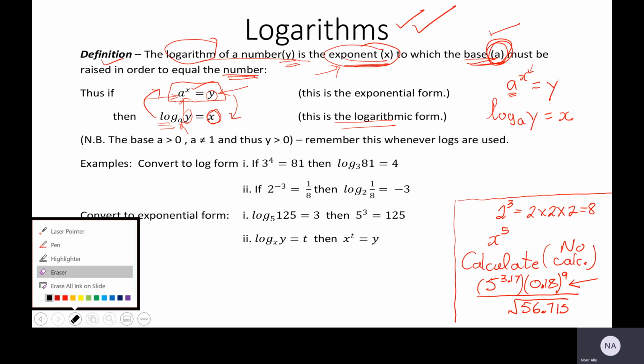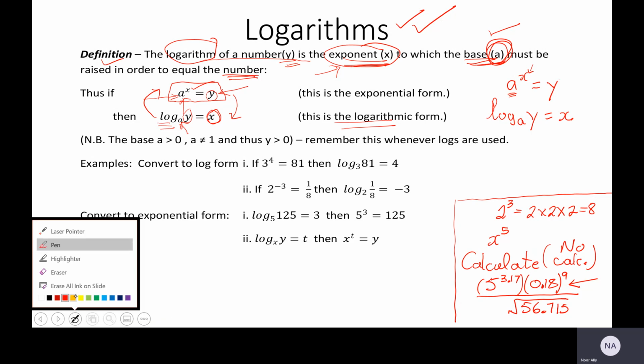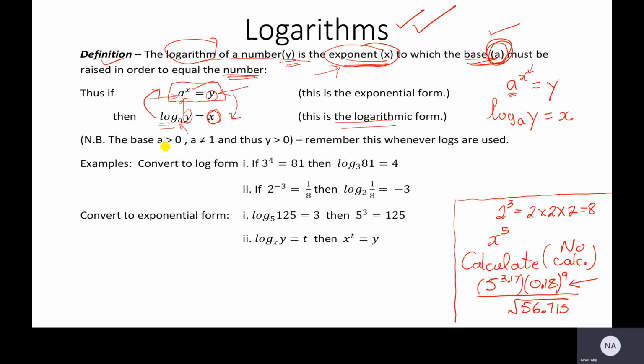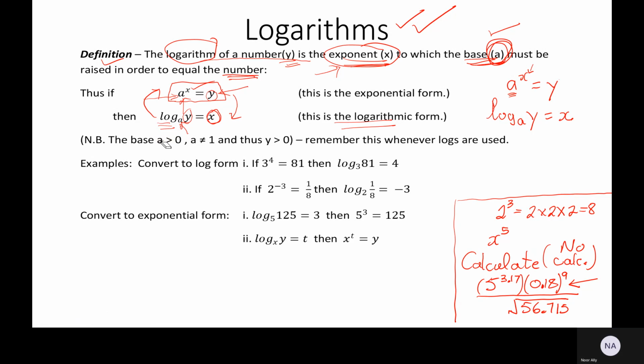But before we look at the actual conversion, let's just highlight a very, very important point.